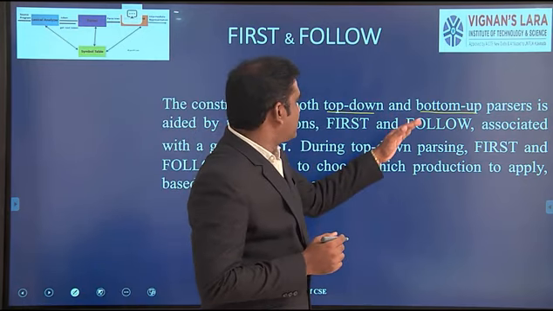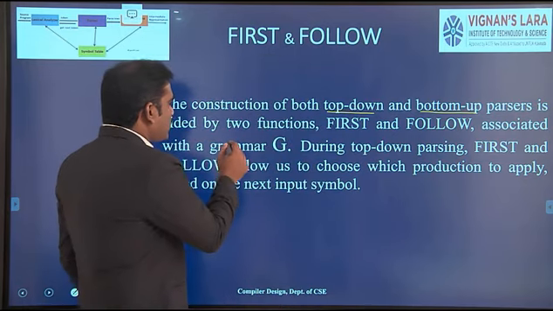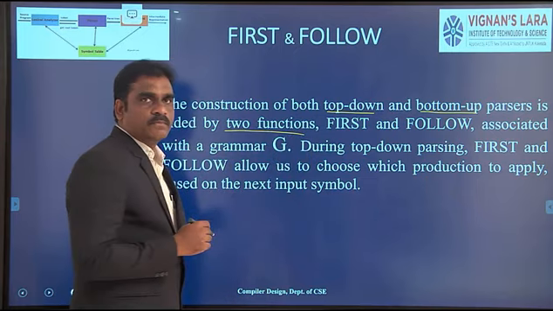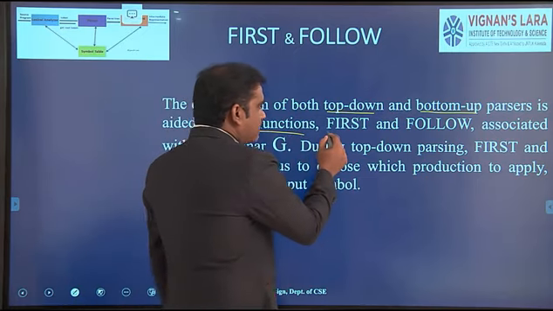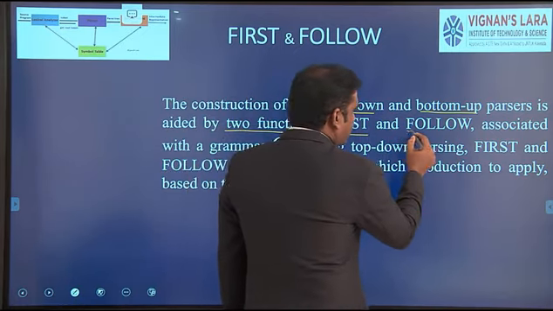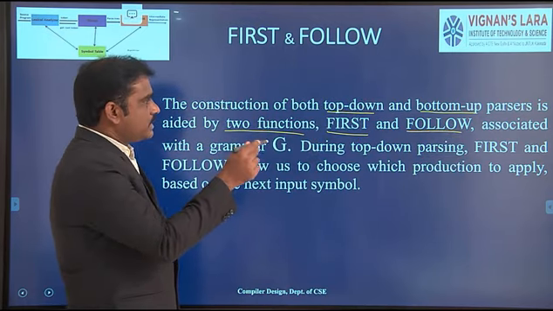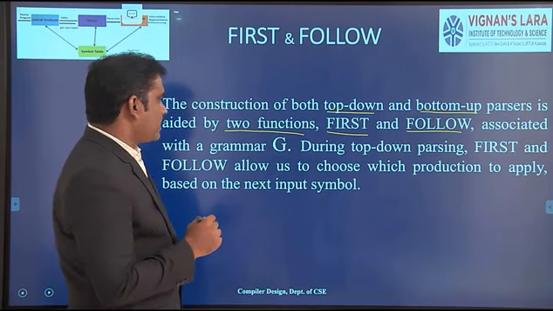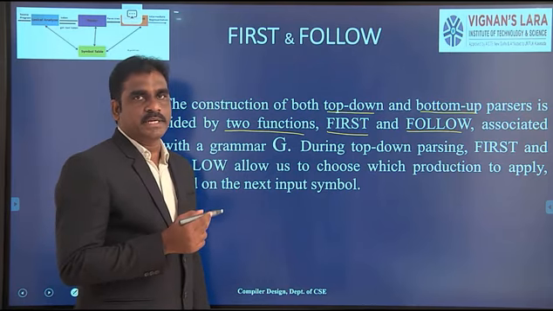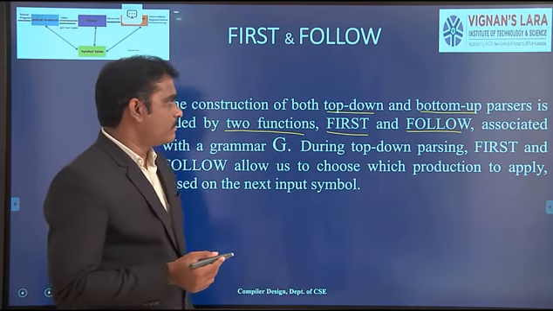One is the top-down parser and the second one is the bottom-up parser. These two parsers are aided by two functions: one is the first function and the second one is the follow function. By using these two functions, we have to construct a parsing table.